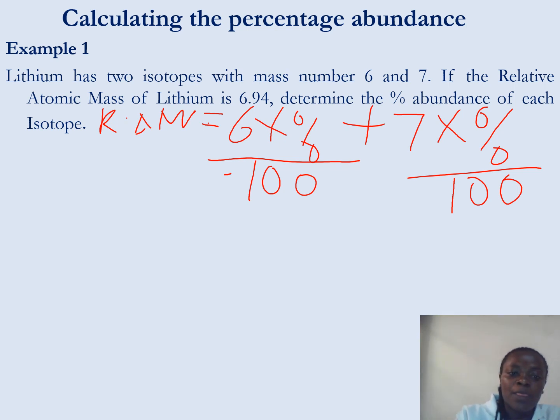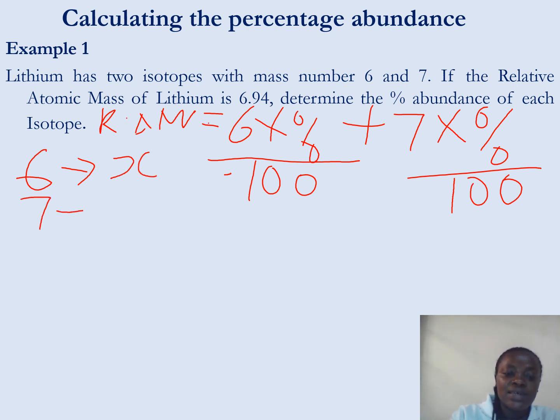We don't know the percentage of either isotope, but we know the total is 100. So if we take the first isotope, 6, to have a percentage relative abundance of X, then that with mass number 7 will have 100 minus X.